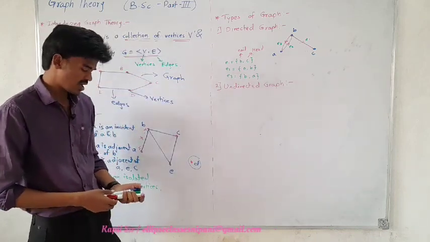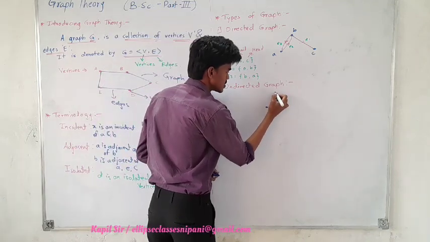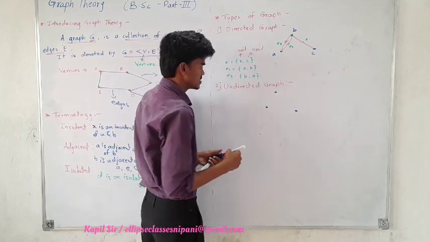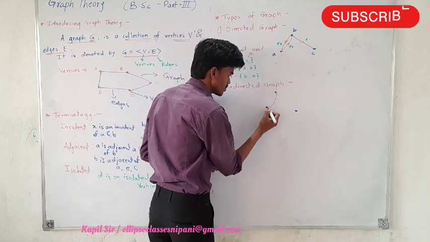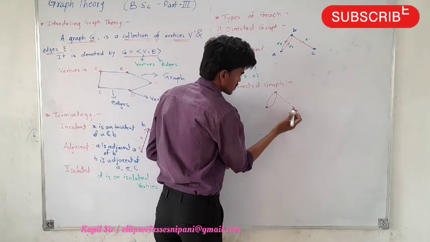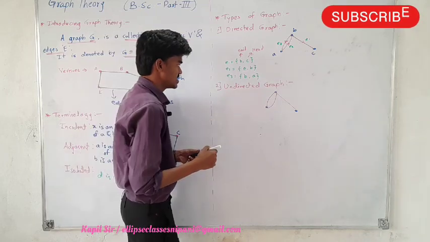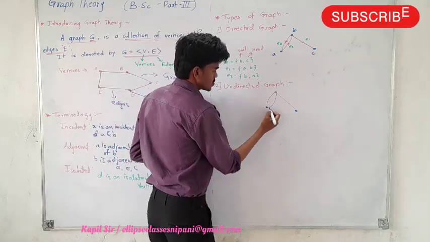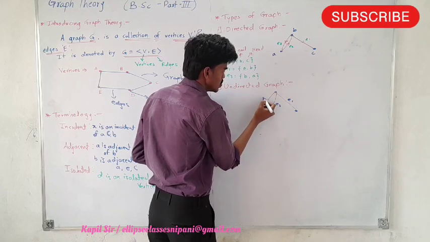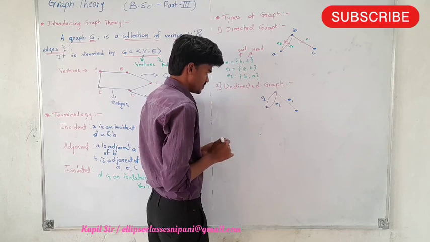I will represent the same example: A, B, C are my vertices, with these edges E1, E2 and E3.